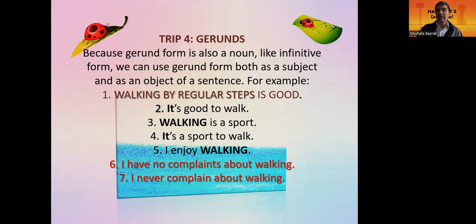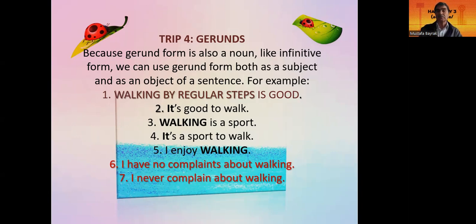What is it here? It is an impersonal subject. We don't see a person, the doer of the action here, but in fact, it signifies the action, walking. It's good to walk. 3, walking is a sport. Walking is like a beginner level of a sentence.